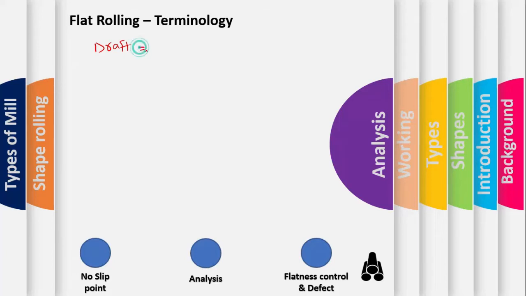Draft is the amount of thickness reduction, and that is equal to initial thickness minus final thickness, right?